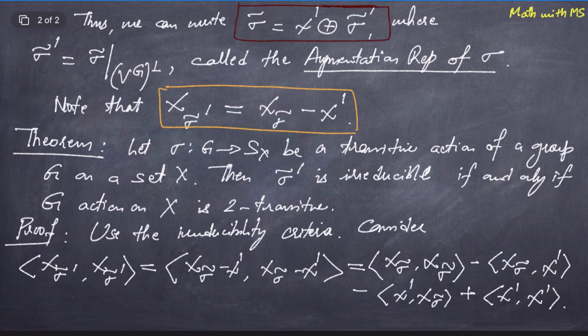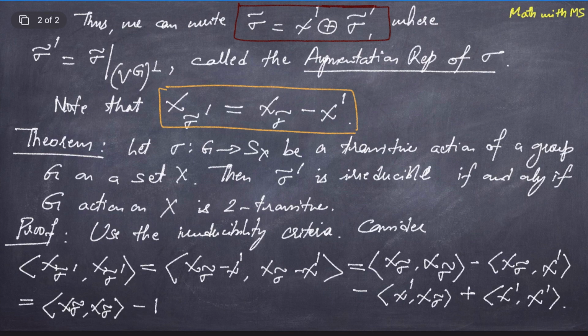Look at this expression at the top. Chi of sigma tilde with chi1 is 1, similarly the other one, and therefore this expression is the same as the inner product of chi of sigma tilde with sigma tilde minus 1.